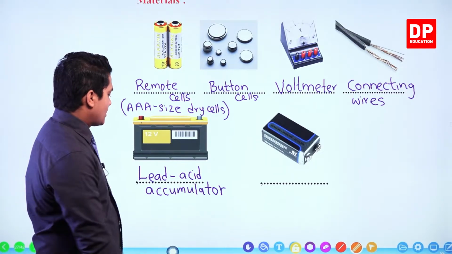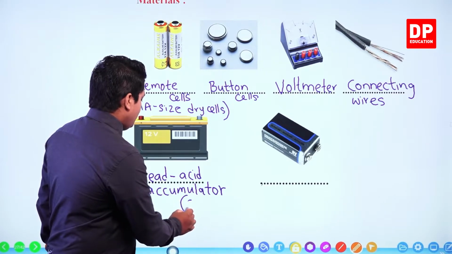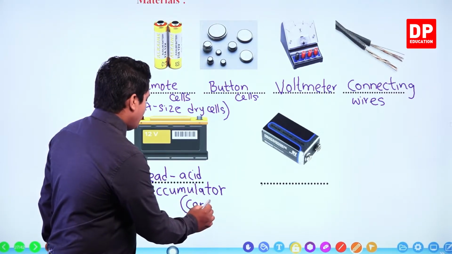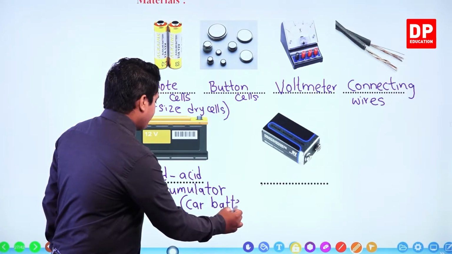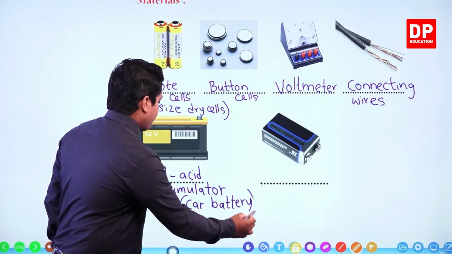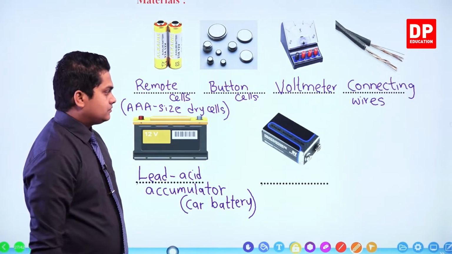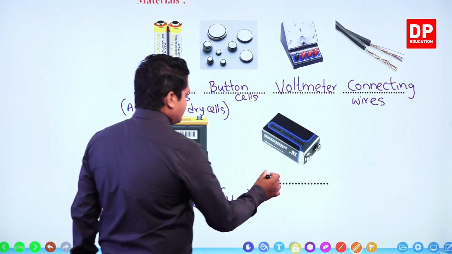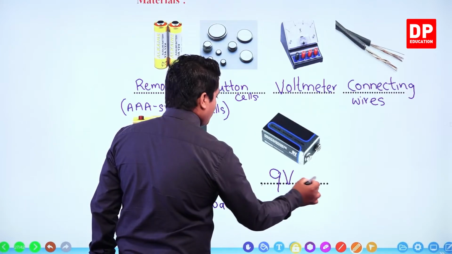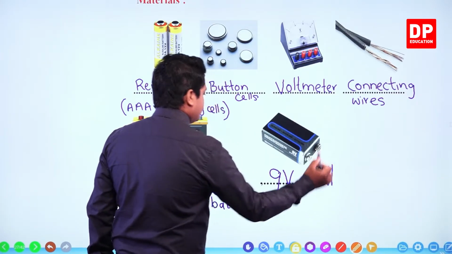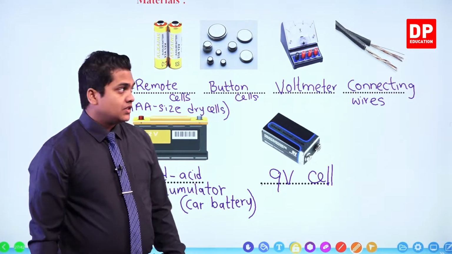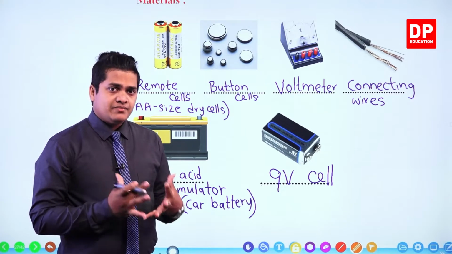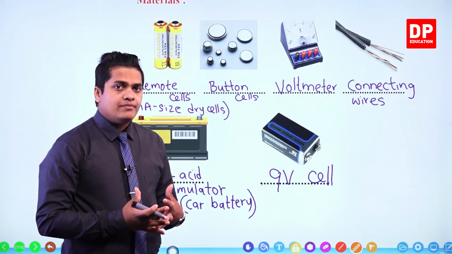In simple terms, we refer to this thing as a car battery. Then this is the 9-volt cell, the 9-volt dry cell.